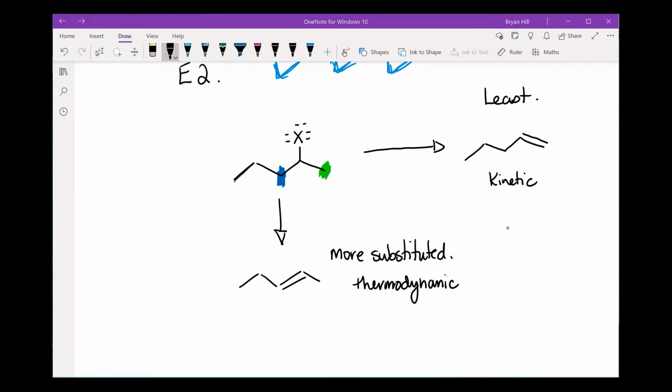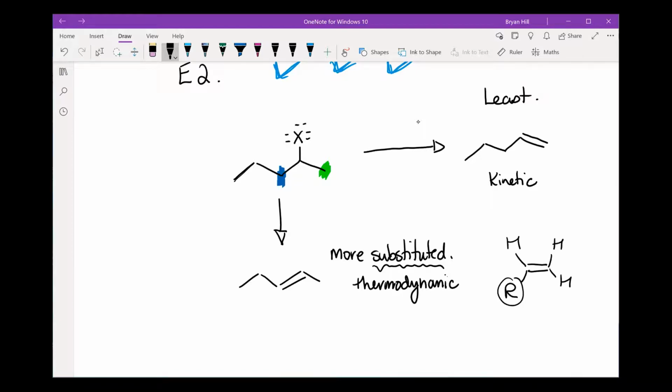Question. Why is it called more or less substituted? Okay, so with alkenes, if it's bonded to a proton, that's not a substituent. But if you start adding R groups, any R group, we would call that a substituent. So substituted is just saying the number of groups attached to it. It's a fancy word for that, I guess.